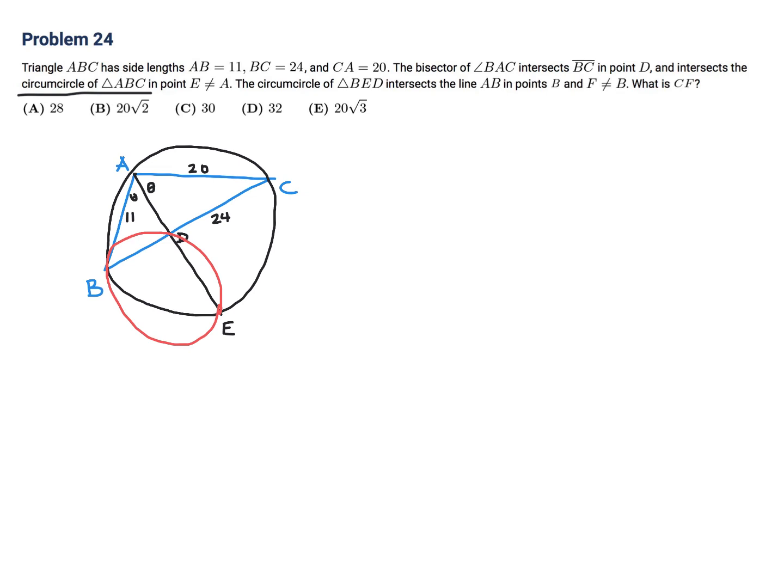So F is somewhere in here, and this is F right there. Not a perfect circle, but that's okay. You understand. They want you to figure out the length from C to F. So that distance.